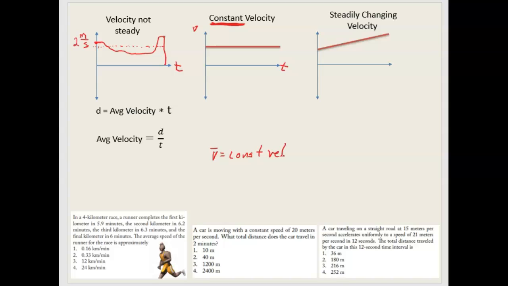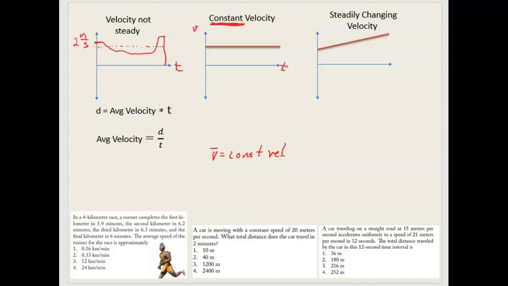So if you get a problem and they tell you, I'm traveling at a constant velocity of 3 meters per second, they didn't explicitly say that during this trip you had an average velocity of 3 meters per second. But if they tell you that you traveled at a constant velocity the whole time, they've just told you the average velocity.